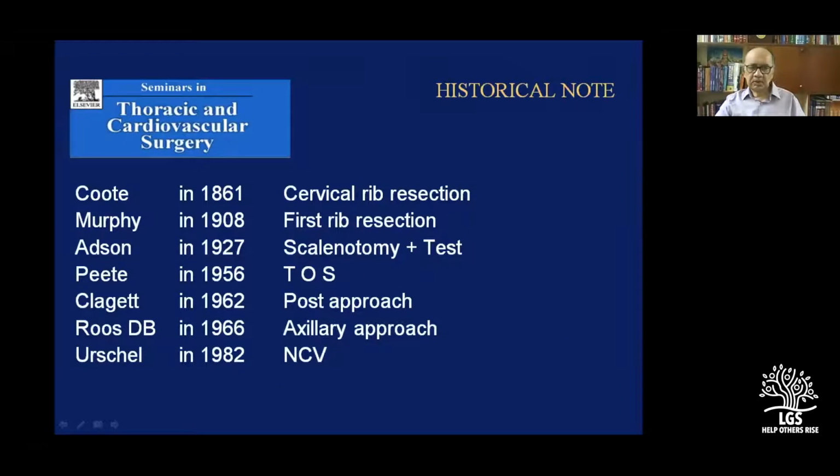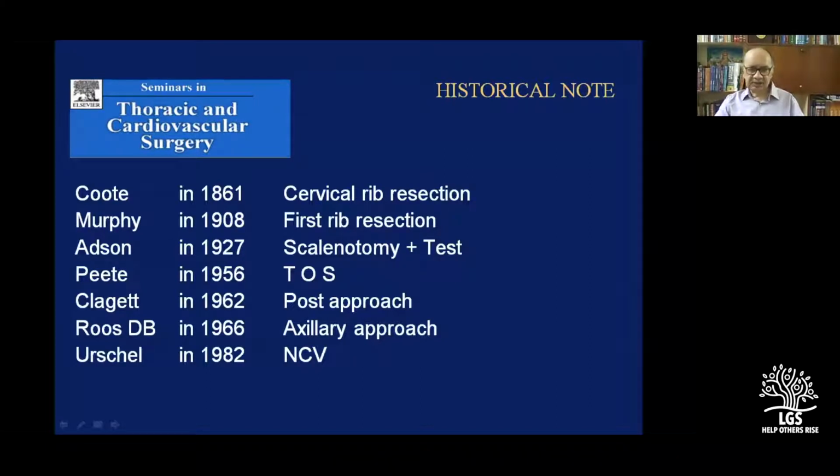Historically, it was Hood who described the cervical rib and did the cervical rib resection, particularly only for a fully formed, well-developed cervical rib. Then came the first rib resection by Murphy. Then Adson was very popular with Adson's test, and sternotomy was done in the 60s.